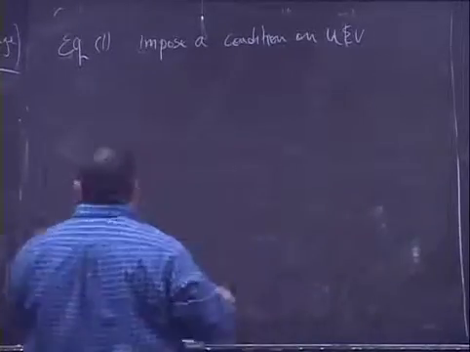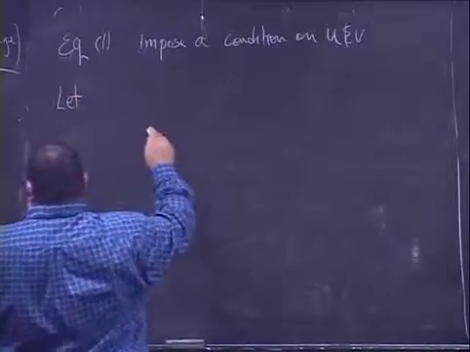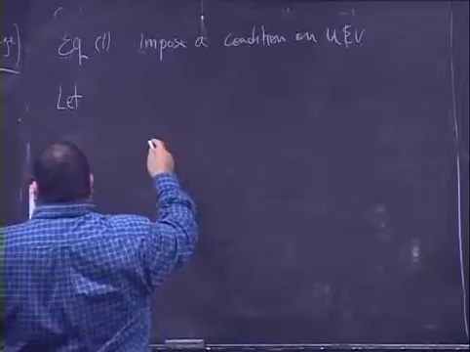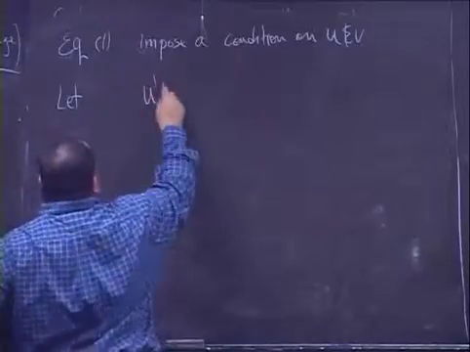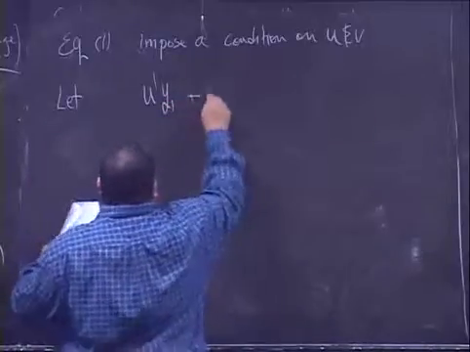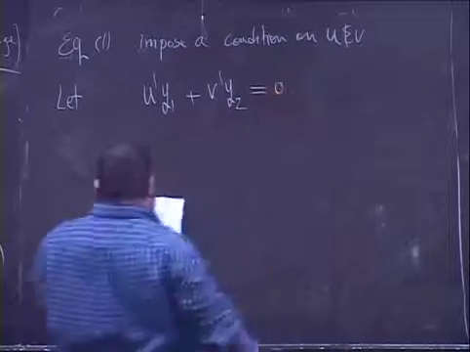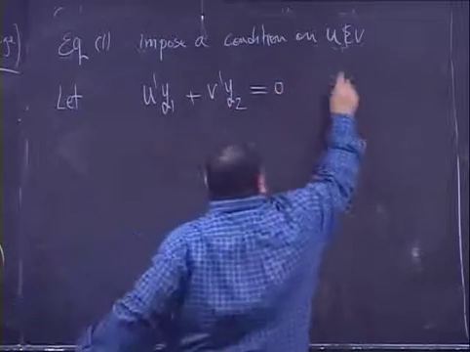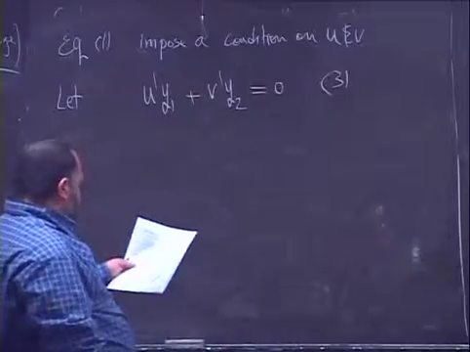So let's assume that this condition will be u prime y1 plus v prime y2 equal to 0. Put this as equation 3.